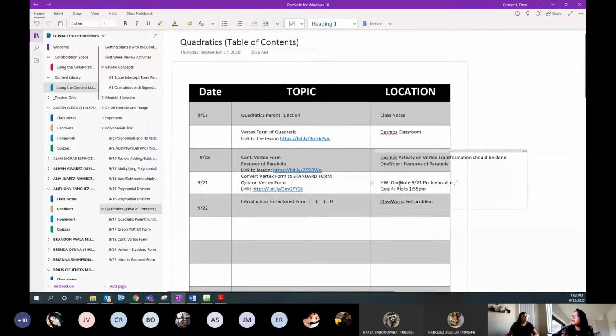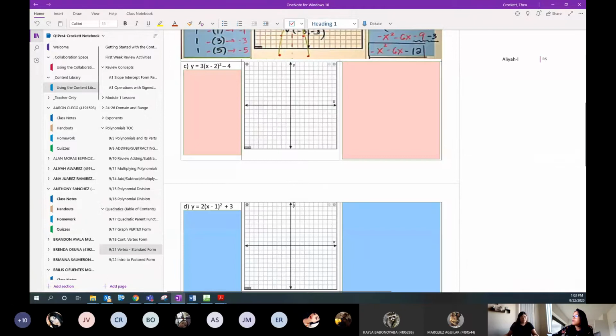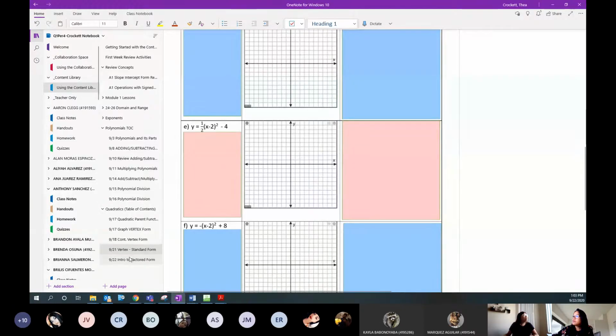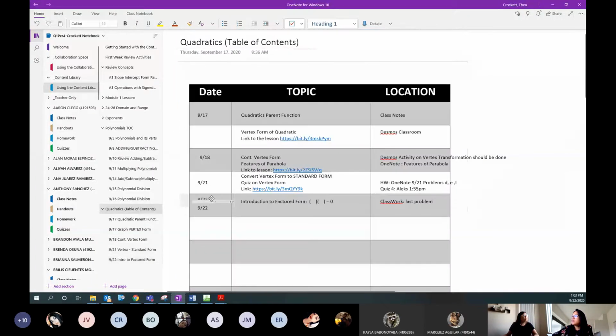You can make up on OneNote problems DAF, which was yesterday. It's also in your notes. So that takes care of our table of contents today.